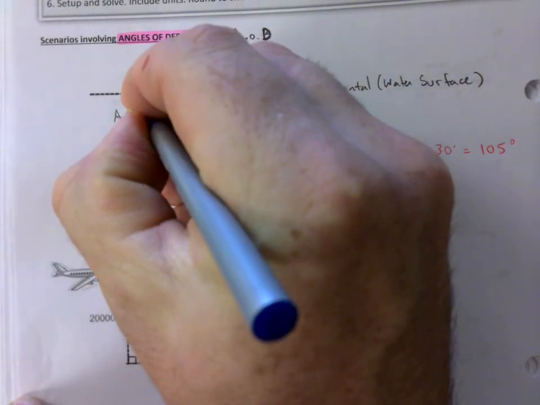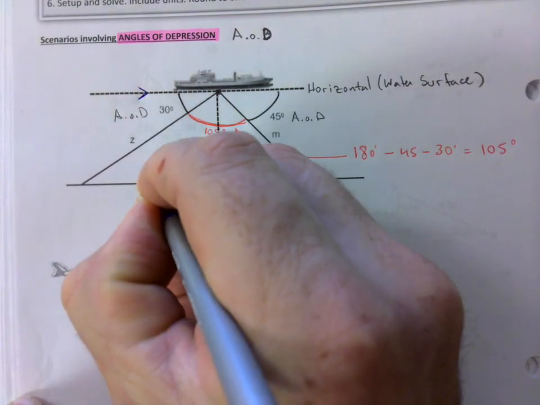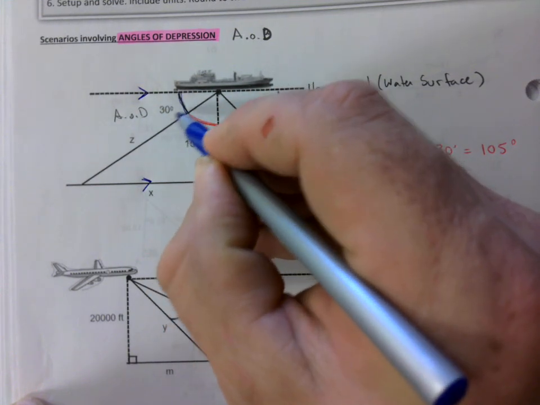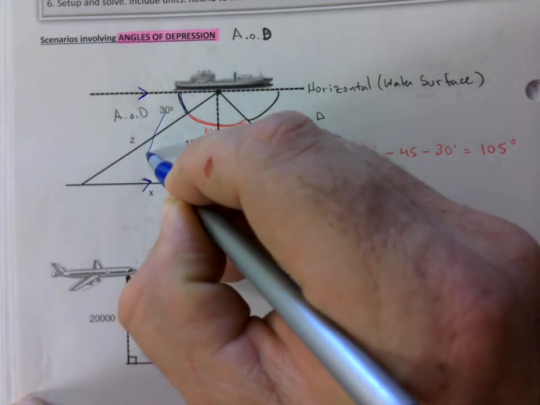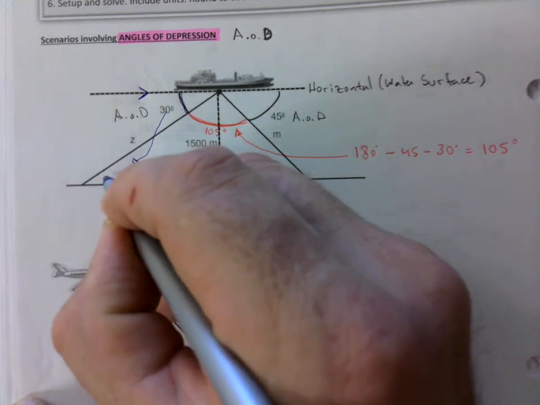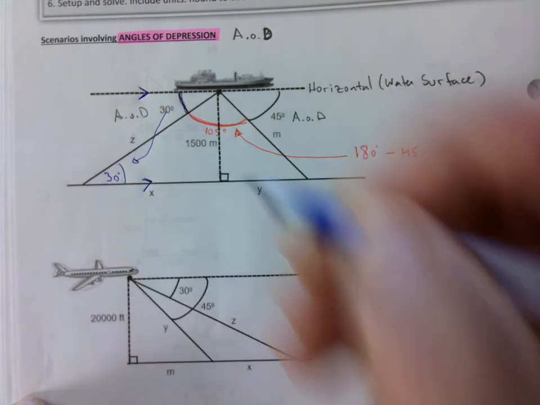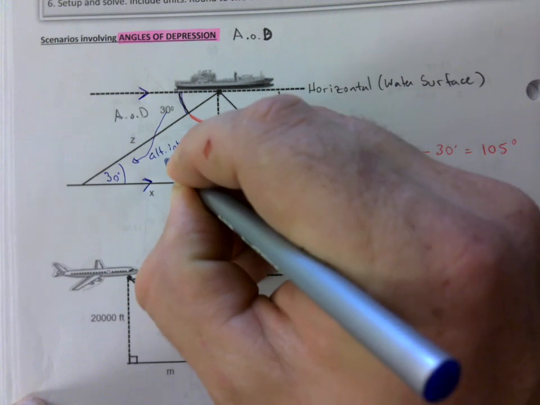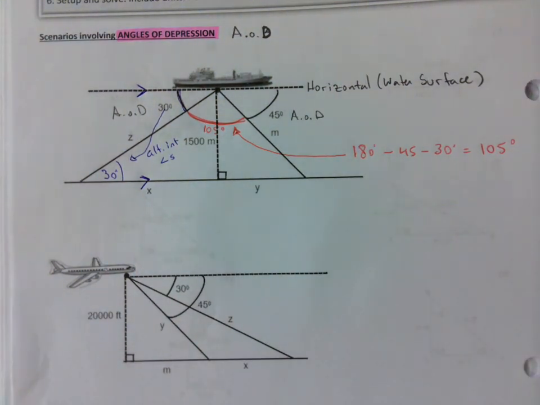So if this line is parallel to that line, what can we do with this 30? It's over here. You can actually bring that in here and say, hey, there's the 30 right there. Alternate interior angle.